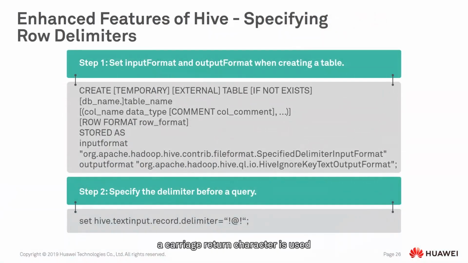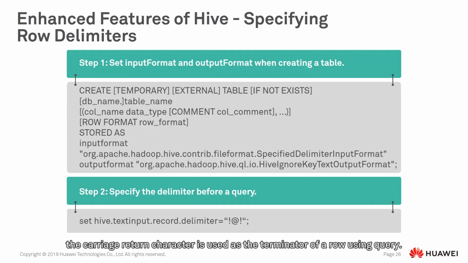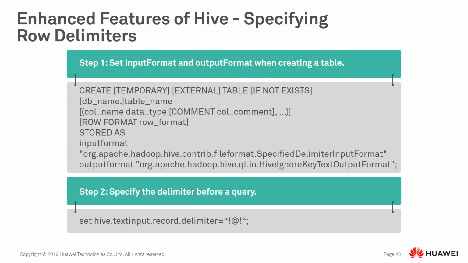In most cases, a carriage return character is used as the row delimiter in Hive tables stored in text files. That is, the carriage return character is used as the terminator of a row in a query. However, some data files are delimited by special characters other than a carriage return character.